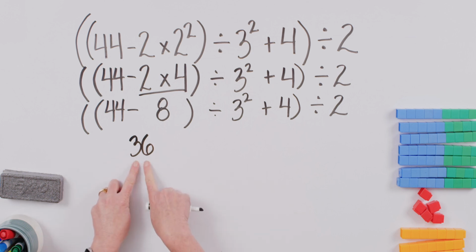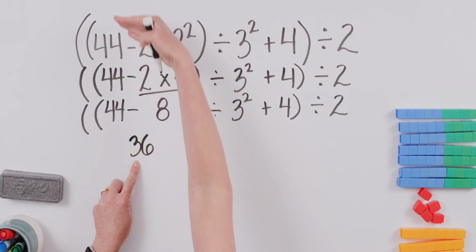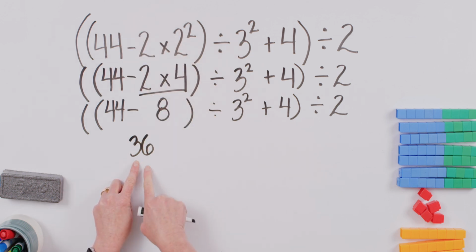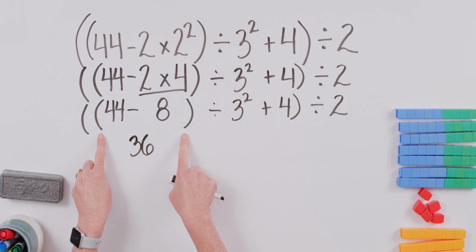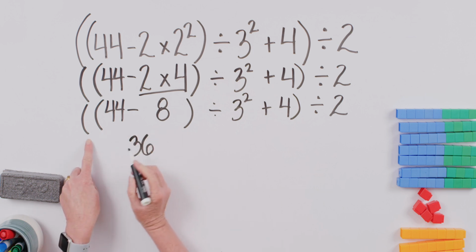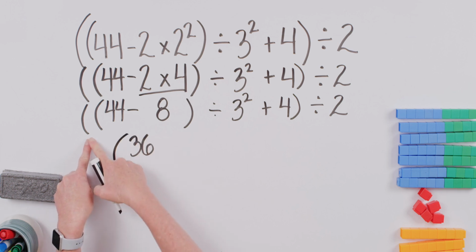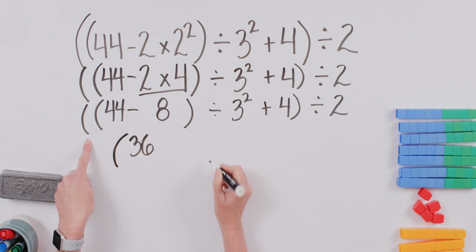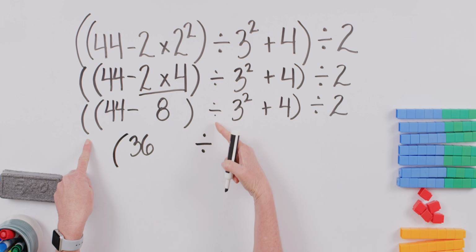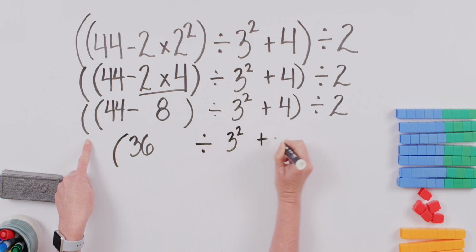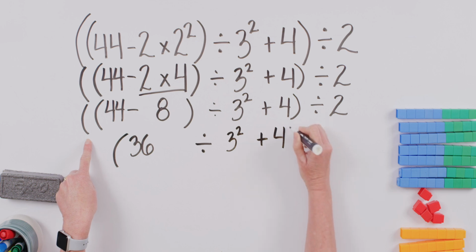Now, because I only have one number left, I actually calculated through all of that. I can get rid of these parentheses now because I just found the answer. But I do want to make sure I keep this parentheses here, okay? And I'm going to bring down my division, my 3 squared, and my 4, which is my ending parentheses.